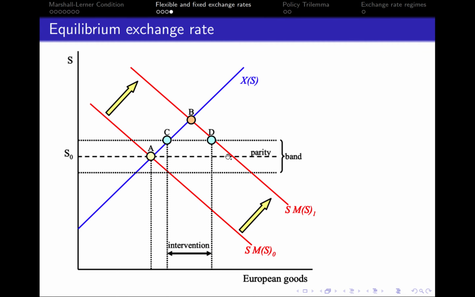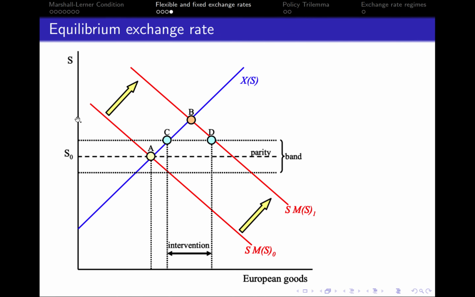Now, assuming we have flexible exchange rates, so the central bank does not intervene at all, we will have a new equilibrium point at B, with a new equilibrium nominal exchange rate. Of course, this one is going to be higher, which is associated with either US dollar appreciation or euro depreciation.